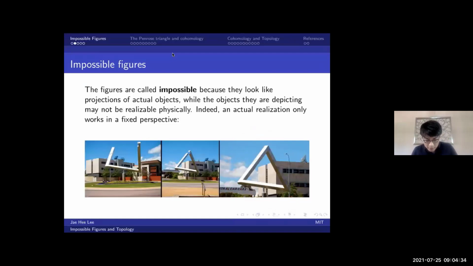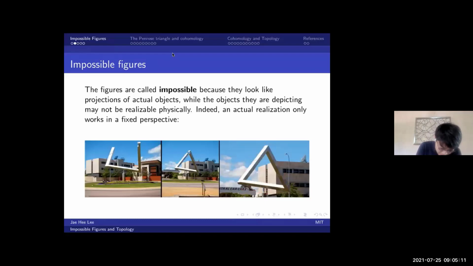Although in the image the three edges of the triangle look connected at the vertices, if you try to realize this figure in three-dimensional space, this only works from one fixed perspective. If you look at this sculpture from this exact direction, then it recovers your Penrose triangle. But as soon as you slightly deviate from the correct perspective, you can see that the edges start to fall apart.